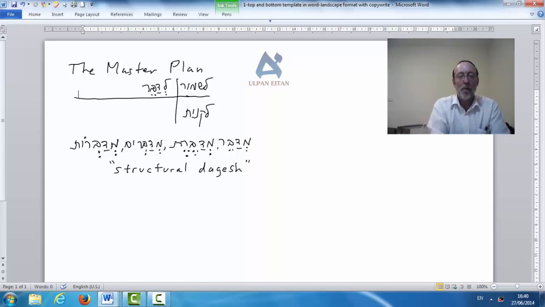The second thing you need to know about this verb and recognize is that it has what I give a very special name, the Structural Dagesh. Notice that in the bet, I've put a dot in the inside, making it a B sound.